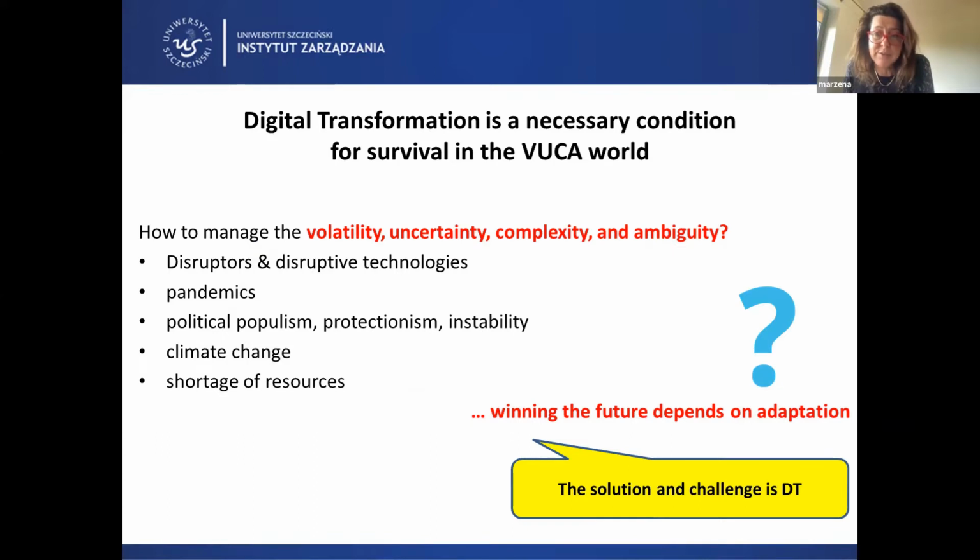We have a lot of disruption: political, pandemic, shortage of resources, which also results in climate change, and so on and so on. One of the very important disruptions and challenges is technological change.